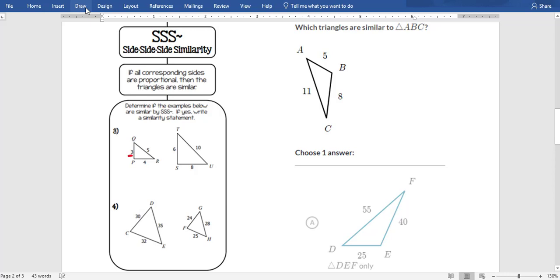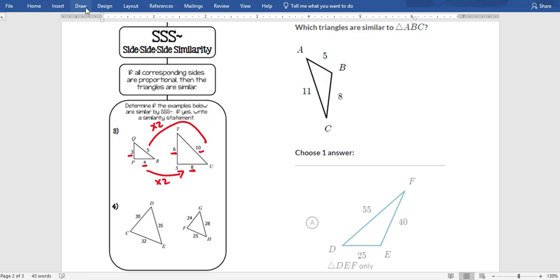This 3 doubles to be the 6. This 4 doubles to be the 8. Okay, we multiply it by 2. This 5 here, to get to 10, we multiply by 2. This has a scale factor of 2 going from the small triangle PQR to the large triangle STU. So these are similar because the sides are proportional.